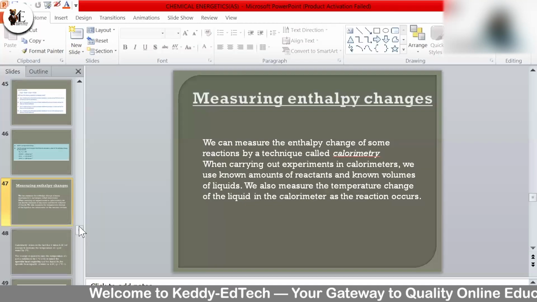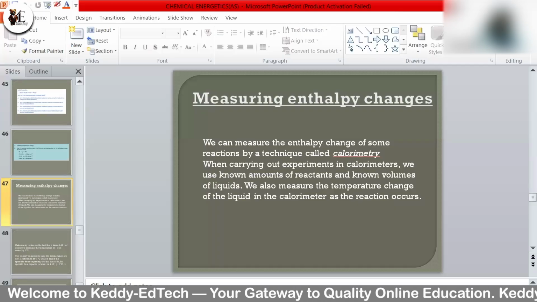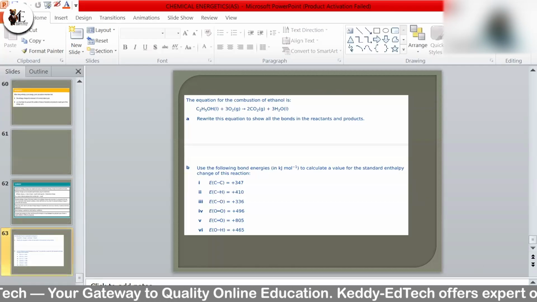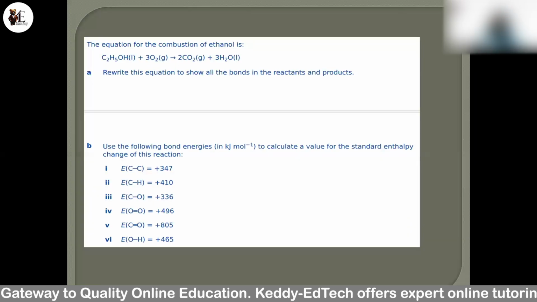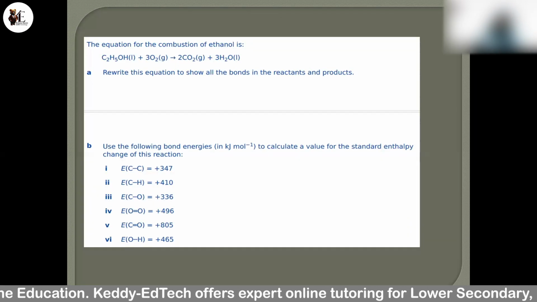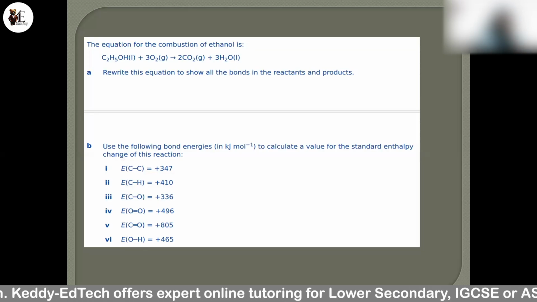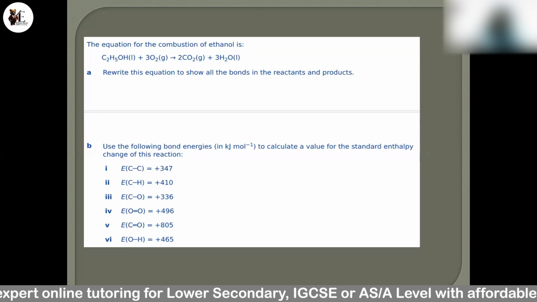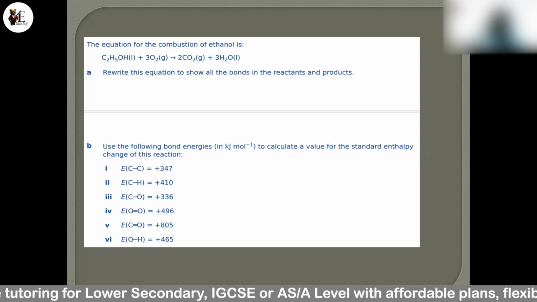This one is your homework question. Take a screenshot. You have to make the structure first and then use these enthalpies after counting the number of moles.